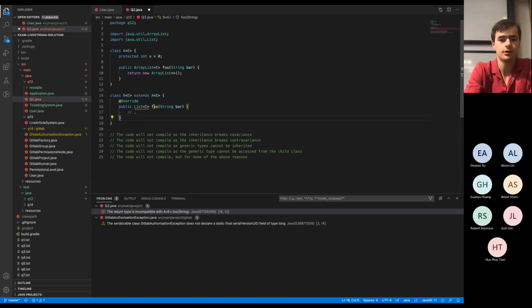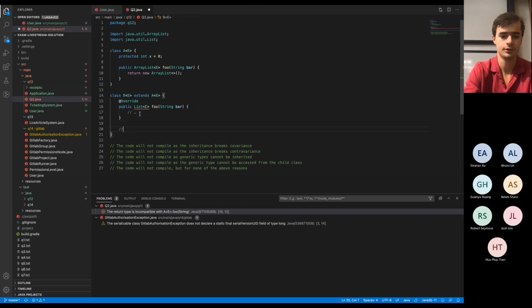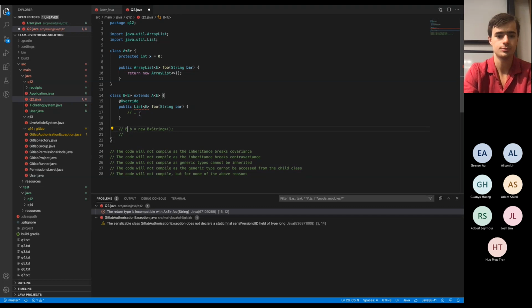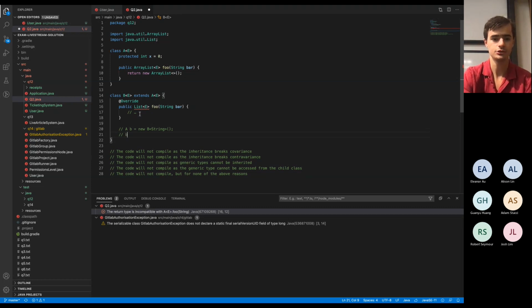So I should be able to say B b equals new B string. And I should be able to say this is an A, right? Because every B is an A because B extends A. And then I should also be able to say ArrayList string list equals b.foo hello.